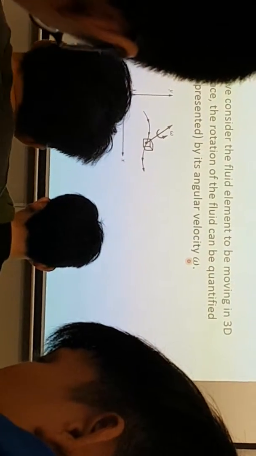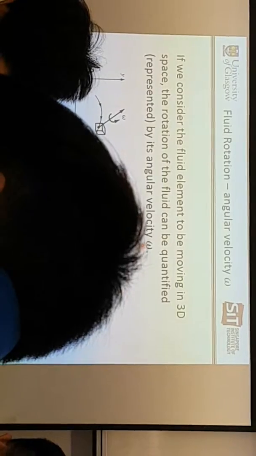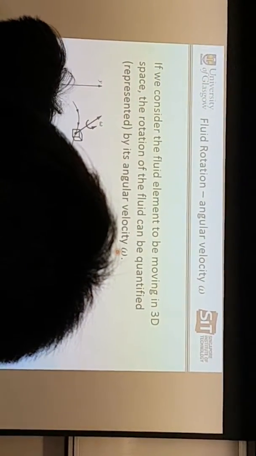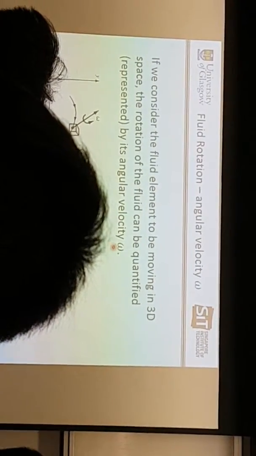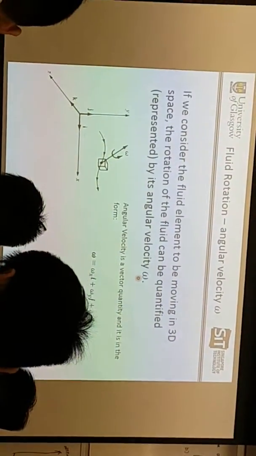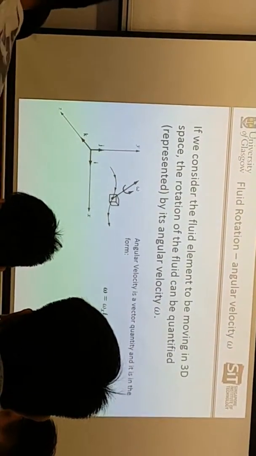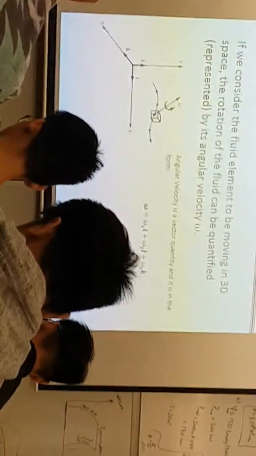Omega represents your angular velocity. A linear velocity is a vector quantity, because it's x, y, and z. Obviously, angular velocity will still be a vector quantity. So you can express your omega as omega x plus omega y plus omega z, in the three directions that we're looking for.